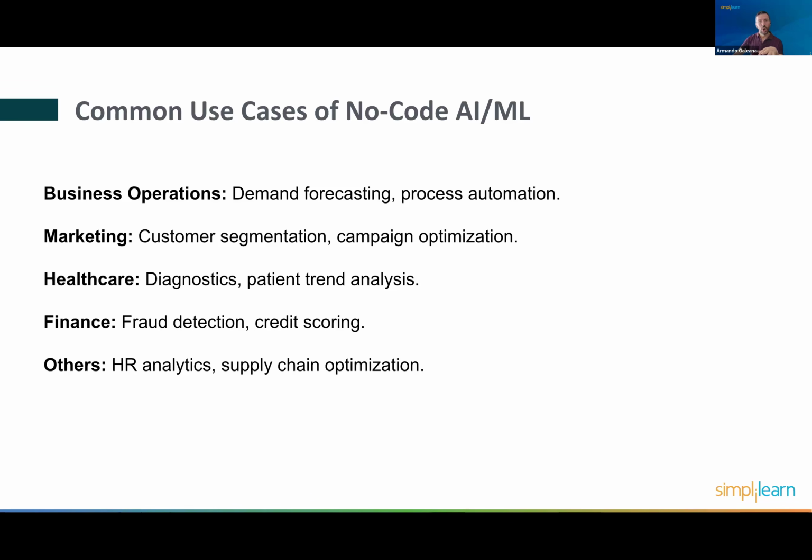So the beauty of no code in AI is that it will allow you, as experts from a lot of different domains, to test and validate your ideas without always needing a dedicated team of data scientists or software engineers.